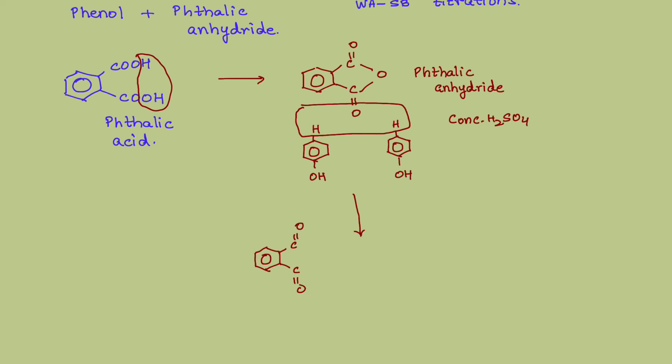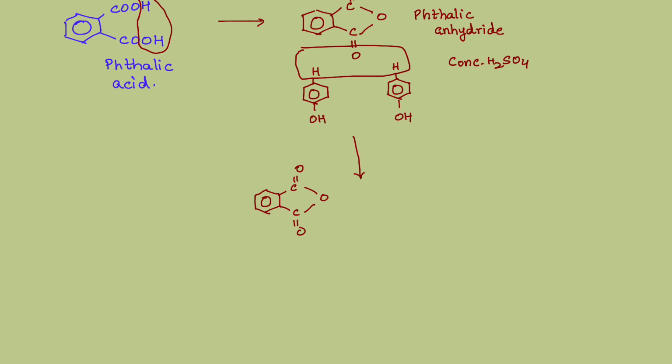C double bond O, O, okay. Keep watching and then you can draw it yourself. Now if you realize, this O is going away, as well as the hydrogen of the benzene ring. So the two phenol molecules now will come towards carbon.